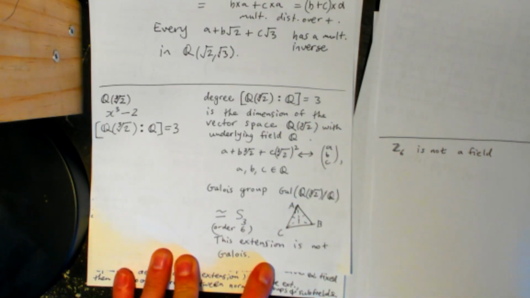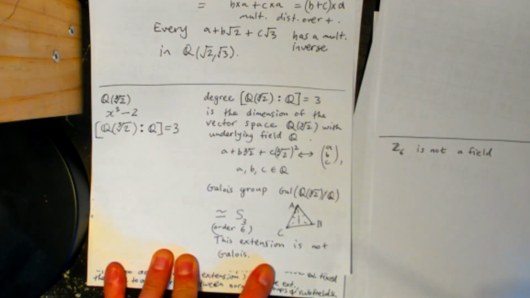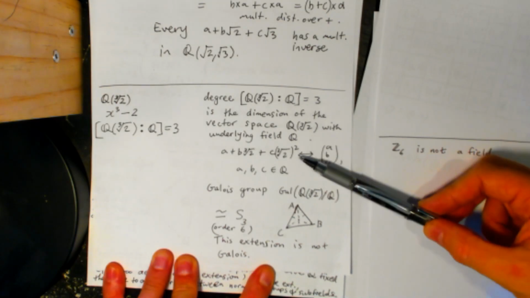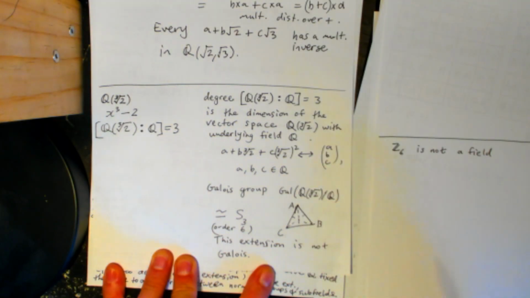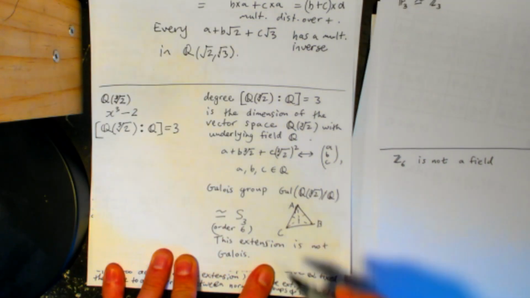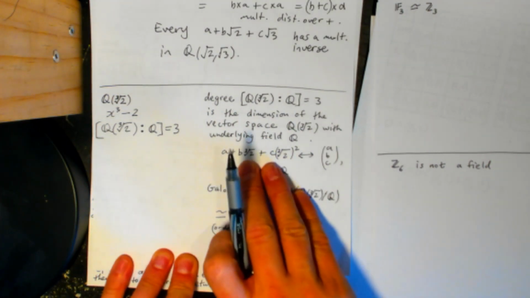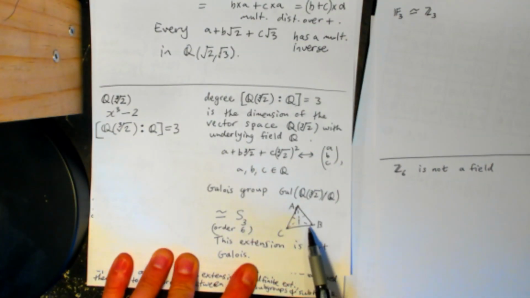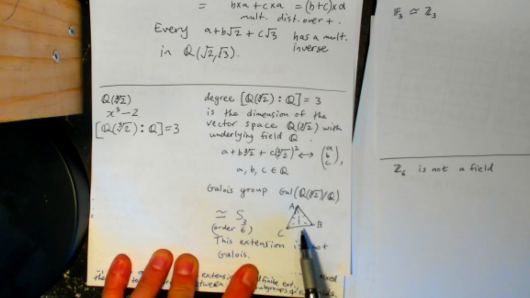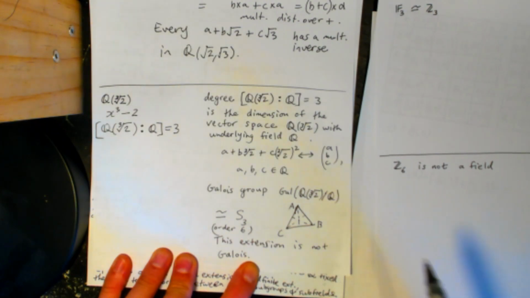Now this Galois group is basically the group of all automorphisms of the elements of this field. However, if you think of 1, the cube root of 2, and the cube root of 2 squared as, I guess, something like a, b, c, then there's a correspondence between the Galois group of this field and the group of symmetries of the equilateral triangle, which we know has 6 symmetries.